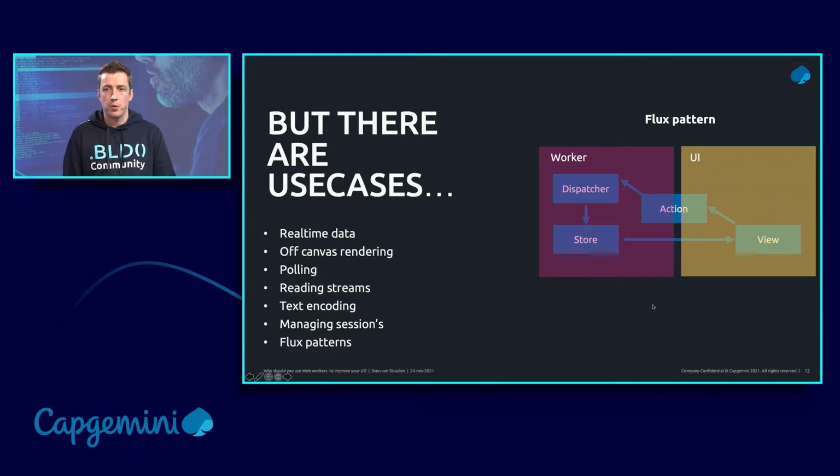That's, for example, the dispatcher and the store, because there you store some data, and in your view happens the interaction of your user that sends out an event or calls a function or whatsoever, and from there the JavaScript computing power actually happens, and you don't need to do that on the UI thread anymore.